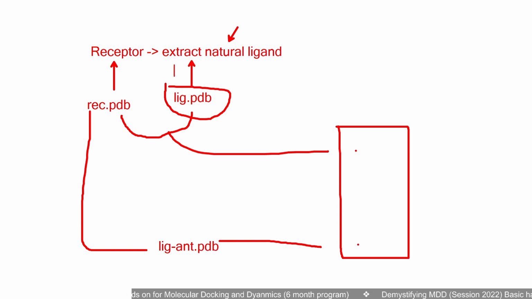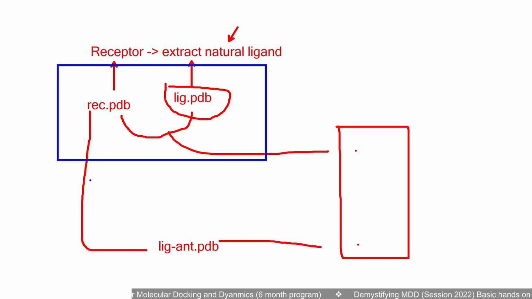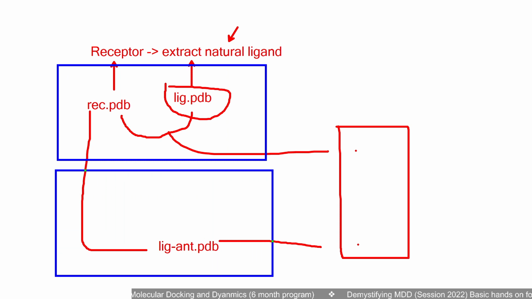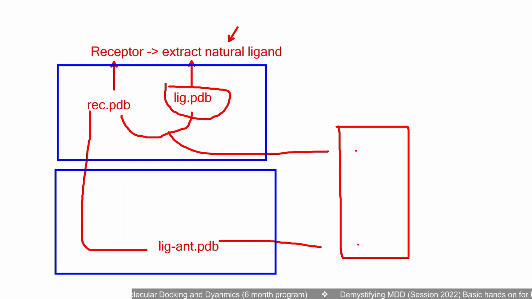Let me clear it to you. This will form one docking, and this will form another docking. For that you will perform vina, receptor, ligand, config, and your result one.